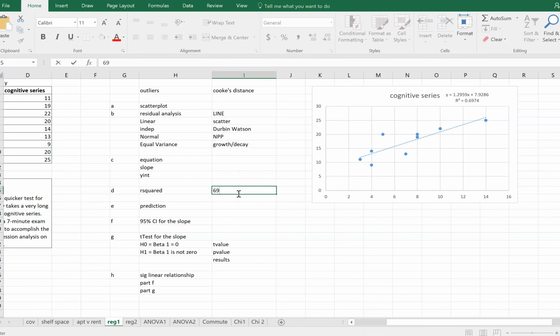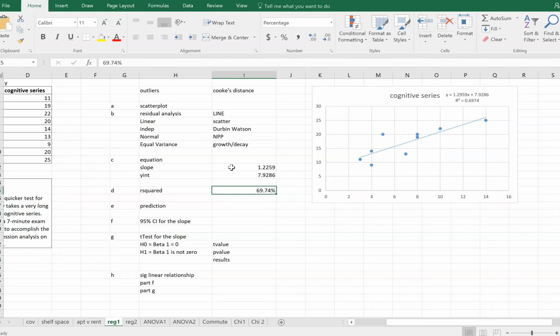Well, that's 69.74%. All right. What is the slope? Well, the slope is 1.2959 according to my picture. What is my y-intercept? 7.9286. So I can read off the numbers really quickly. I can find the equation, which has the slope and the y-intercept, and the R squared really quickly utilizing Excel.